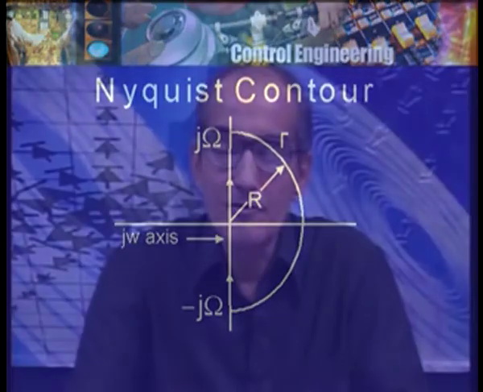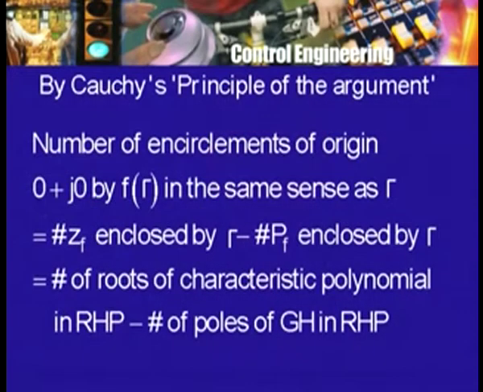Therefore the result now will be, when I apply Cauchy principle of the argument, it will be like this: the number of encirclements of the origin, and instead of origin I am going to write 0 plus j0, by f, the number of encirclements of the origin by the image contour f gamma in the same sense.